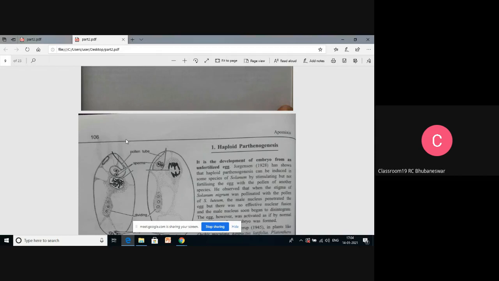Now give me some examples of endospermic seed, the seed having endosperm, and some non-endospermic seed.